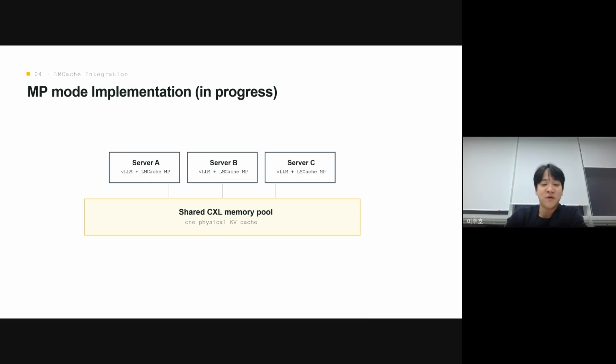Unfortunately, the hardware on our side is still being set up, so we haven't run the experiments yet. But we expect to run some experiments and give results in August. Once we have the results, we'll share them with the LMCache community soon.